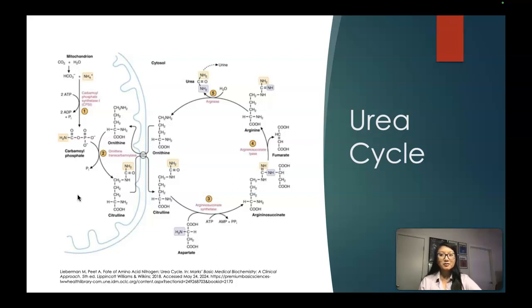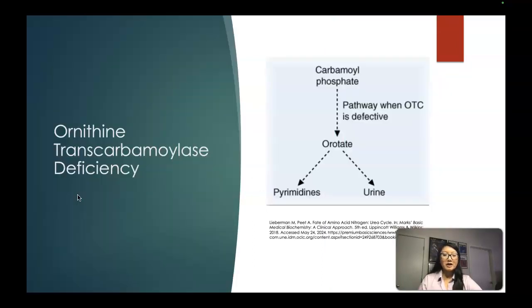Afterwards, citrulline can proceed through the urea cycle, and ultimately the end product will be urea, which will be transported to the kidneys to be excreted, and ornithine can return to the mitochondria to be used in the urea cycle again. Carbamoyl phosphate can undergo an alternative pathway for pyrimidine synthesis. The enzyme carbamoyl phosphate synthetase 2 uses carbamoyl phosphate to generate orotate, and orotate can then be used to make pyrimidine or it can be excreted in the urine.